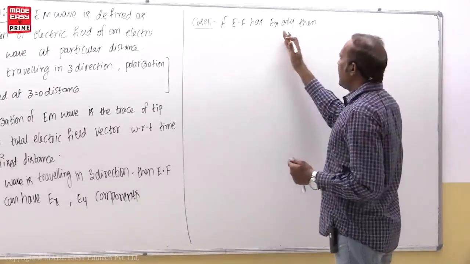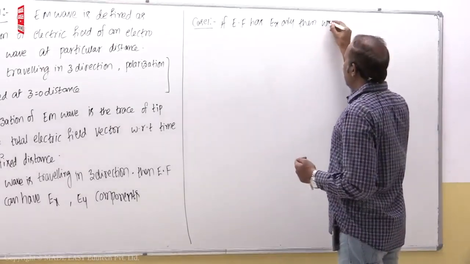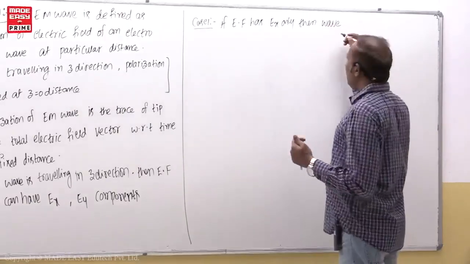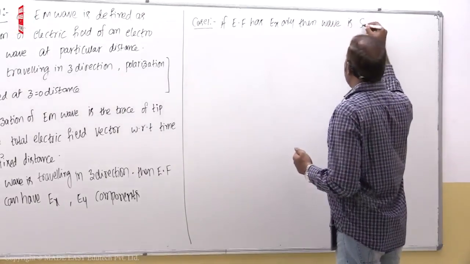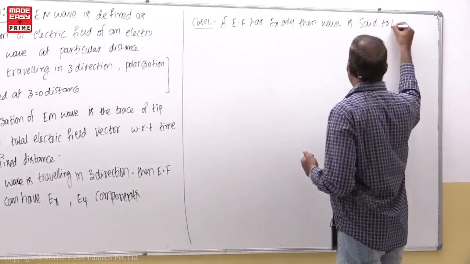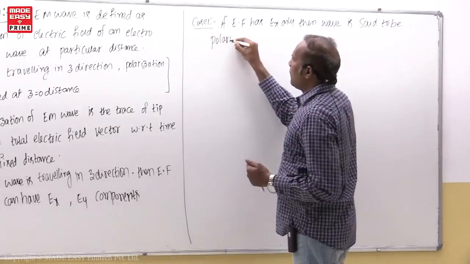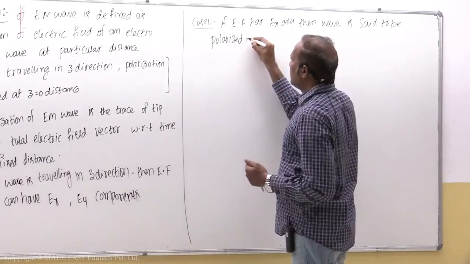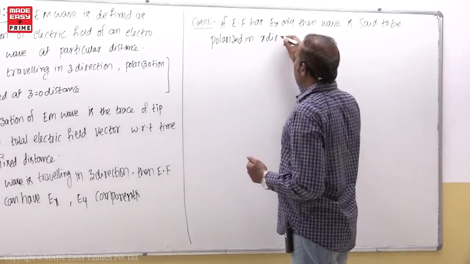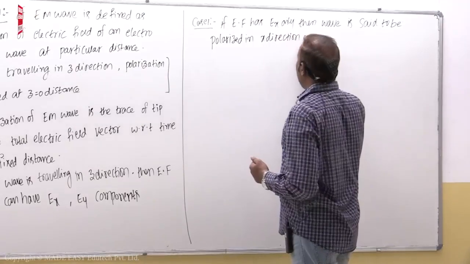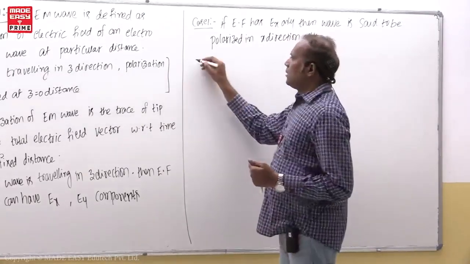So if the electric field has Ex only, then the EM wave is said to be polarized in x direction only.